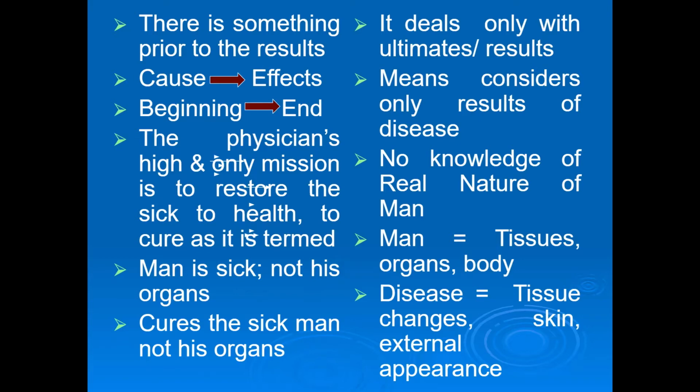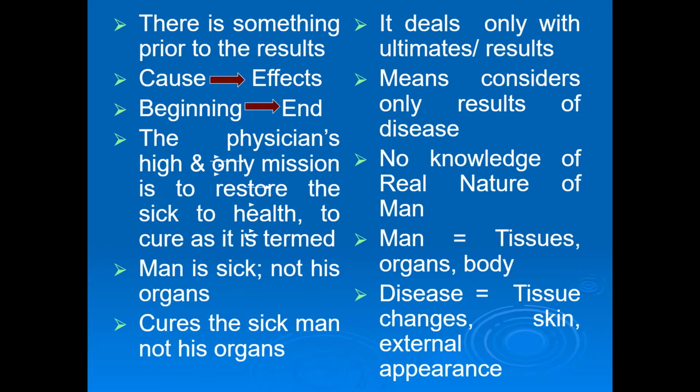It considers the results of disease, and results of disease are nothing but organ pathology. No knowledge of the real nature of man. Modern medicine doesn't consider the man, that means it doesn't consider his mind and emotions, which are actually the causes of this physical sickness.